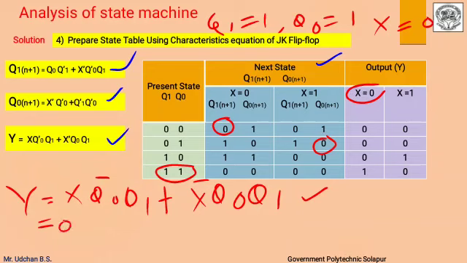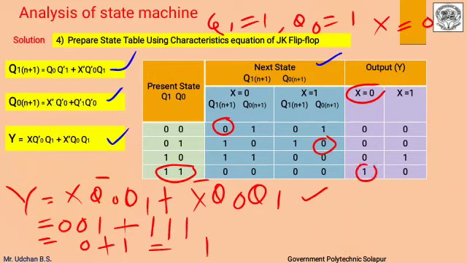X is 0, Q0 is 1, Q0 complement will be 0, Q1 is 1, plus X bar 1, Q0 1, Q1 1. So 0 OR 1 will give you 1. So this is the 1.